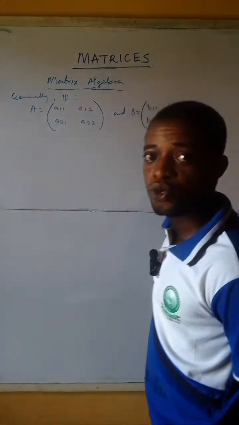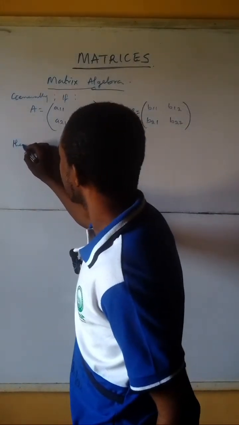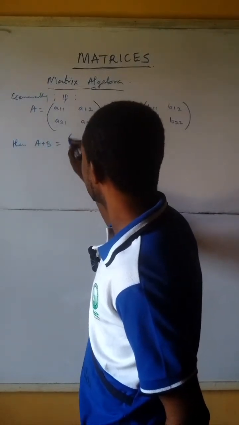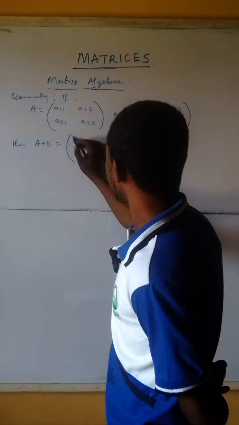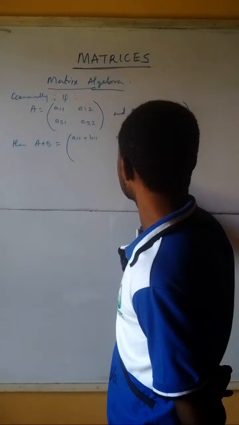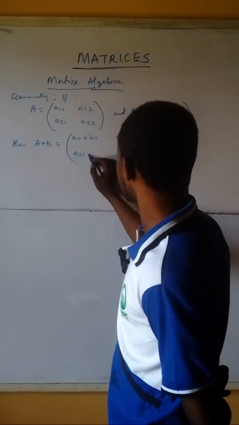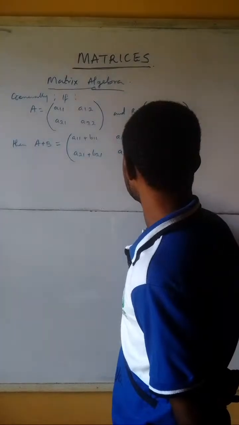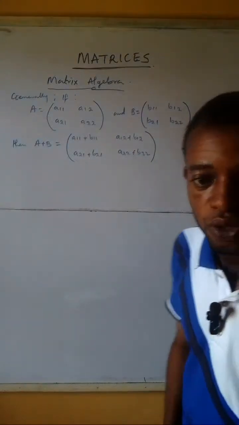Also here we have a 2 by 2 matrix. Then addition here, which is A plus B, will simply be equal to addition of the corresponding elements. That is, we are going to have A11 plus B11, then A12 plus B12, then A21 plus B21, then A22 plus B22. So we only add the corresponding elements together.